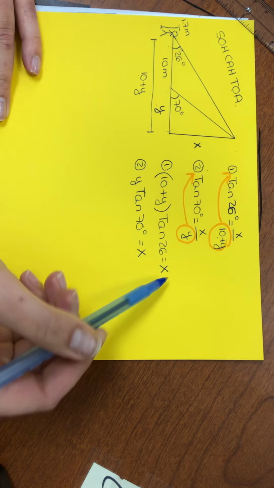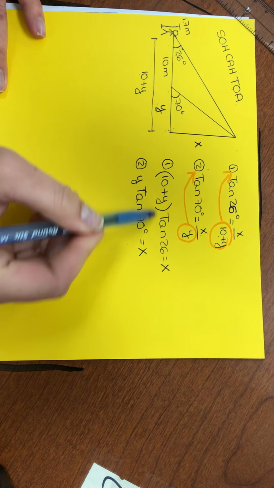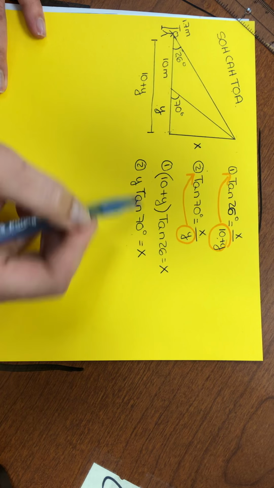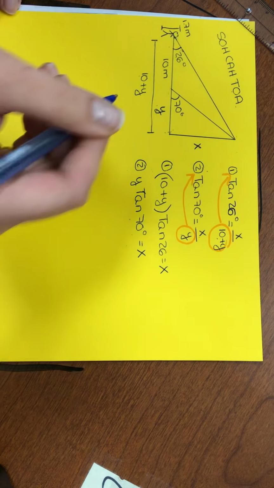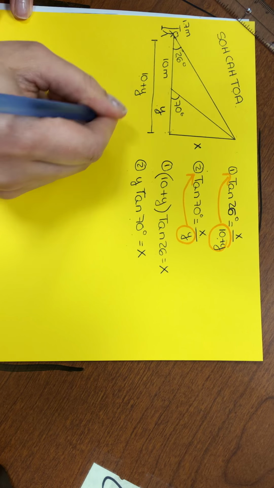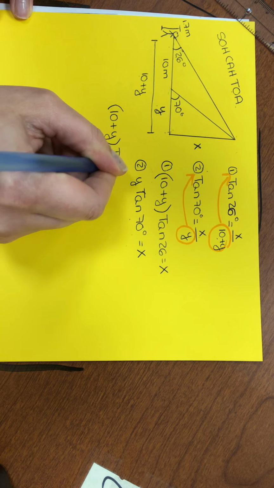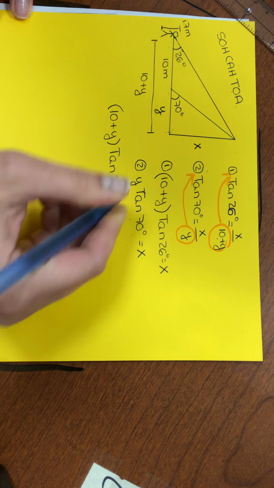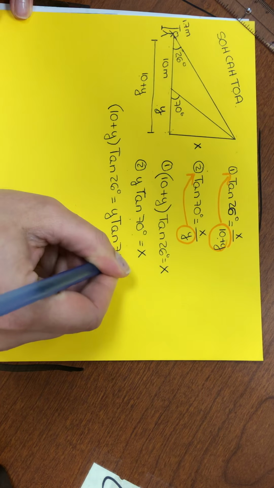Now, since they are both equal to x, by the transitive property, this and this will be equal as well. So I'm going to equate them so I can solve for y. I will have (10 plus y) tangent of 26 equals y tangent of 70.